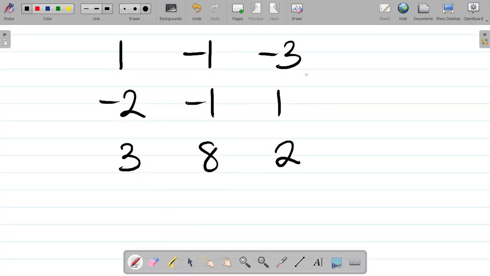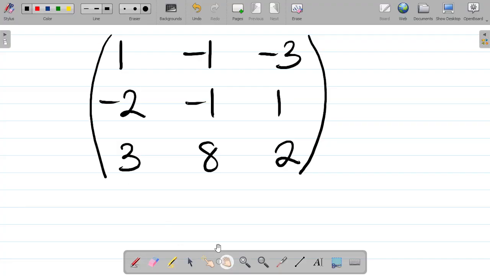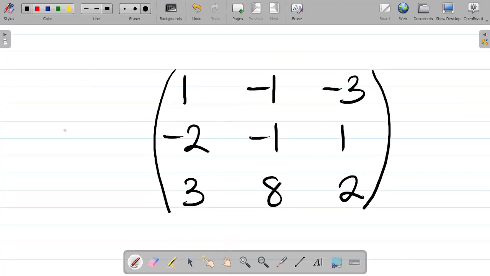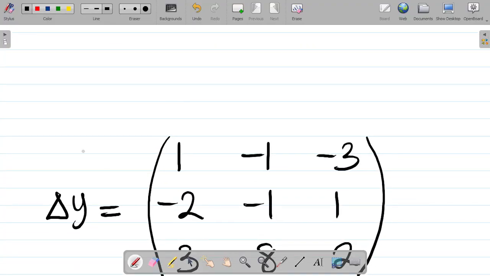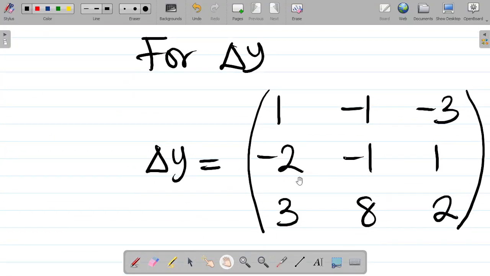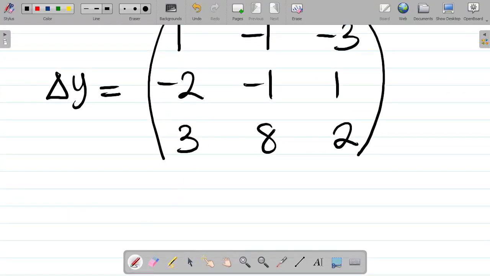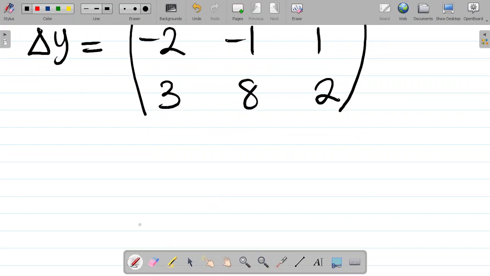Alright, so I'll cover this up. This is the value of lambda y. So lambda y is equal to this. Let's get the determinant. The determinant of lambda y is simply the determinant of this matrix.